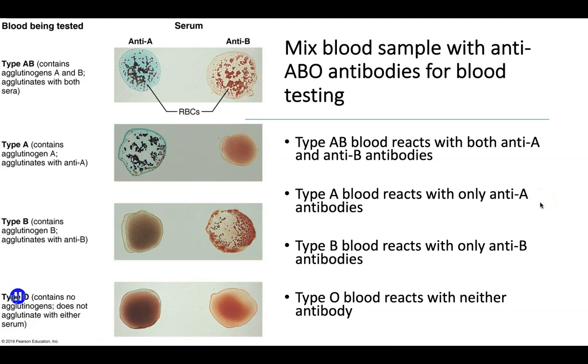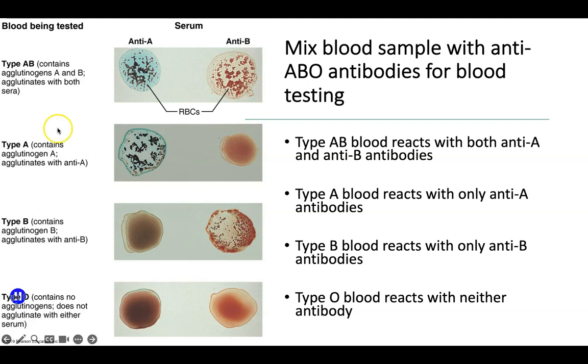If you were to want to test blood types, you can do that pretty simply, and you can do that by mixing blood samples with anti-ABO antibodies. And so if you have coagulation, that means that that blood sample is positive for whatever antigen you're testing for.